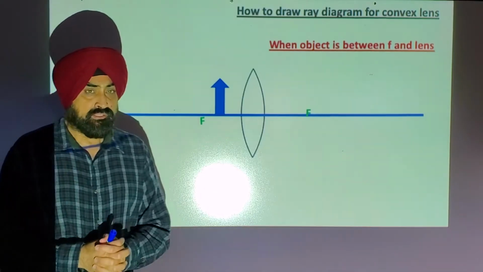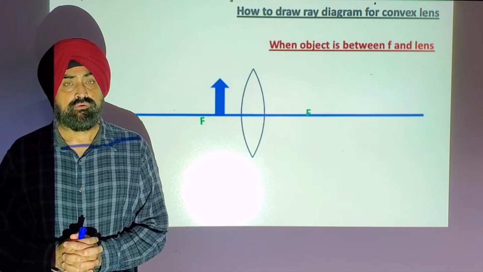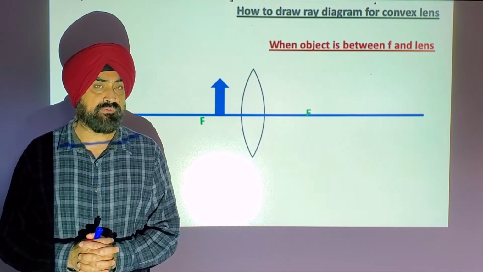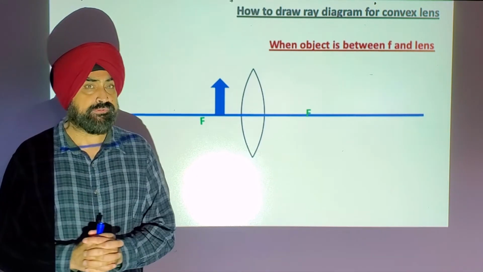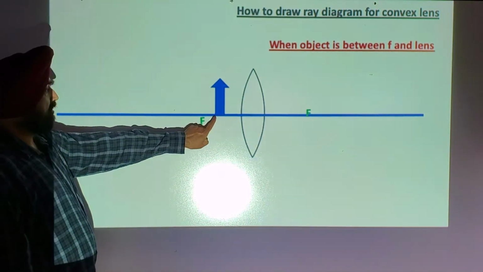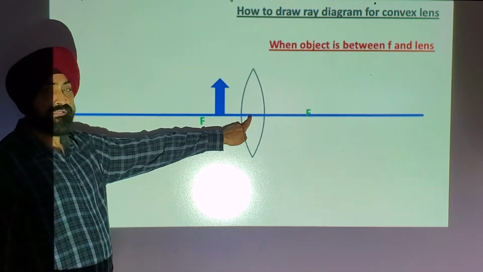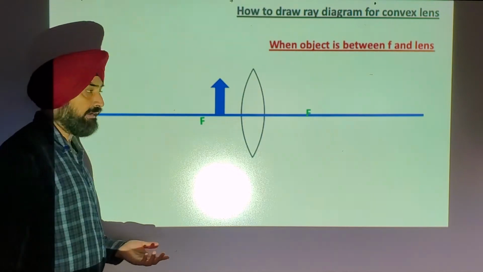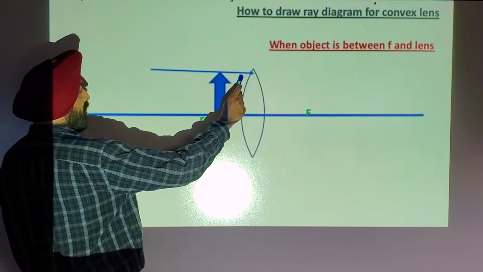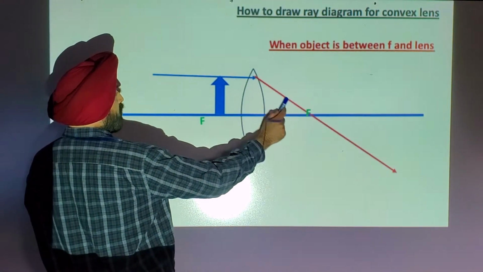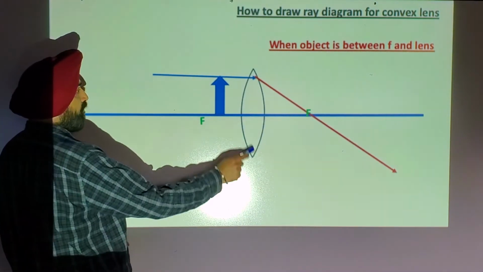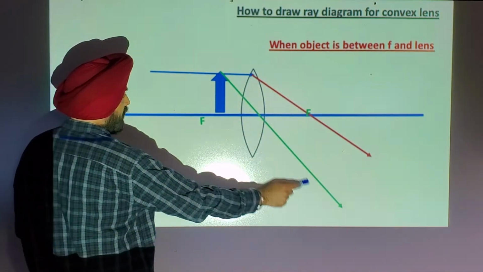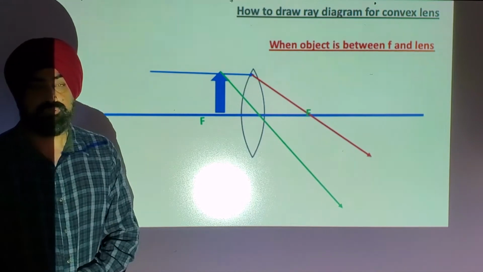Students, let's see where the image will be formed if the object is placed between the focal point and the lens. Let's see how we draw the ray diagram. Draw one line parallel to the principal axis that passes through the focal point. Draw another line passing through the center of the lens.